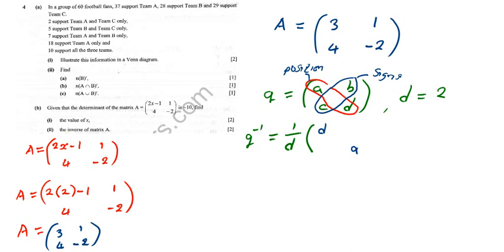That's in our major diagonal. The minor diagonal will change signs. Since they are all positives, they will become negatives, like that. So that's our general formula which we use. I repeat, in the major diagonal, when finding the inverse, they change position. In the minor diagonal, they change sign. If they were all positive, they will become negative. If one was positive and the other negative, they will exchange signs.